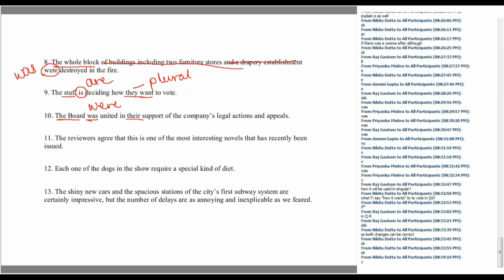Number 11. The reviewers agree that this is one of the most interesting novels. That's when you have this construction, you cannot have a singular verb. You'll have to have a plural verb. It is one of the most interesting novels that have recently been issued.